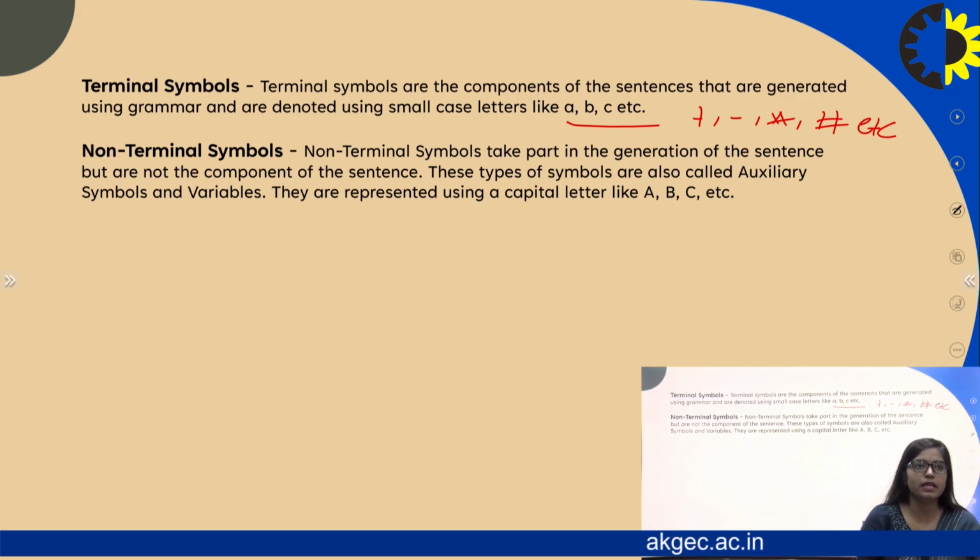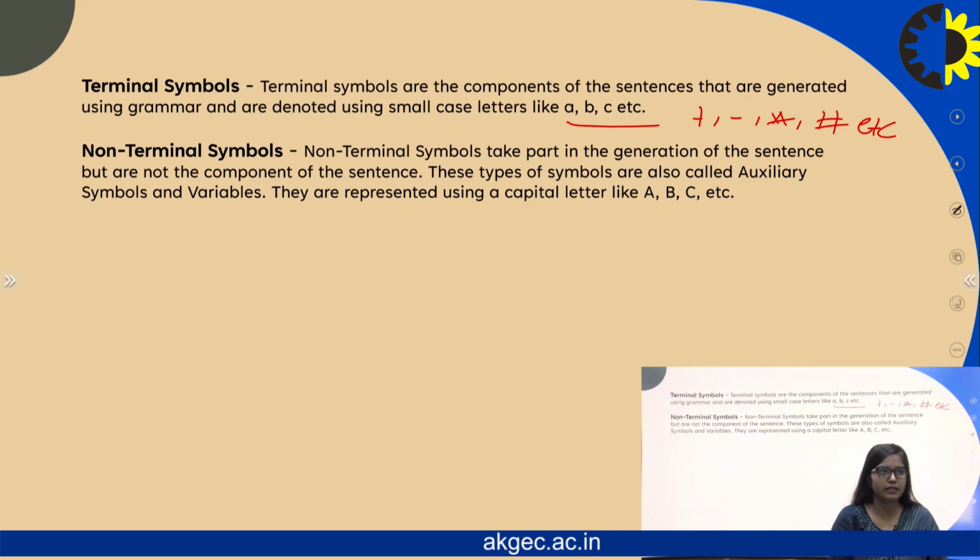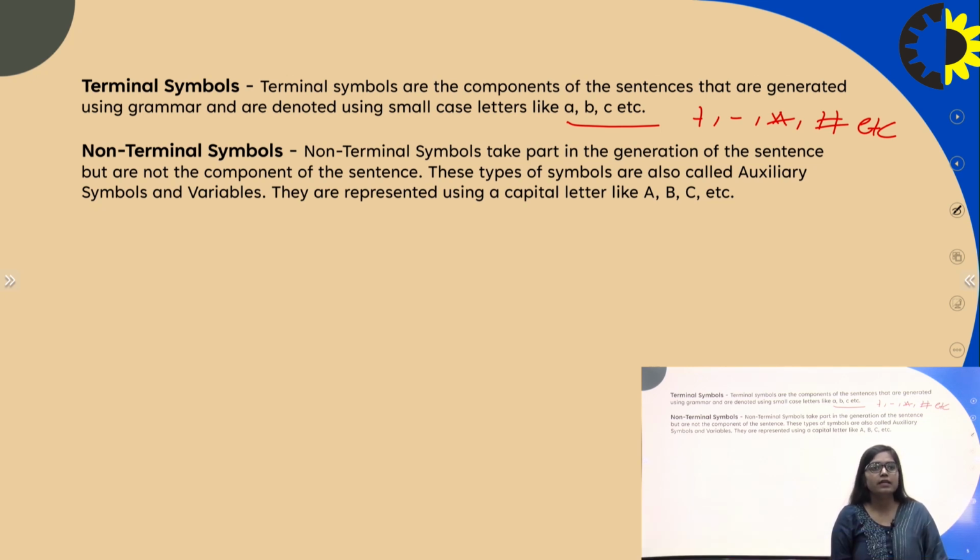Non-terminal symbols take part in the generation of a sentence but are not components of the sentence. These types of symbols are called auxiliary symbols or variables. They are represented using capital letters A, B, C, etc.